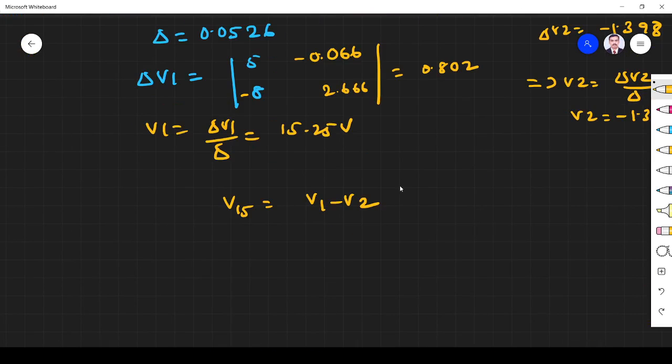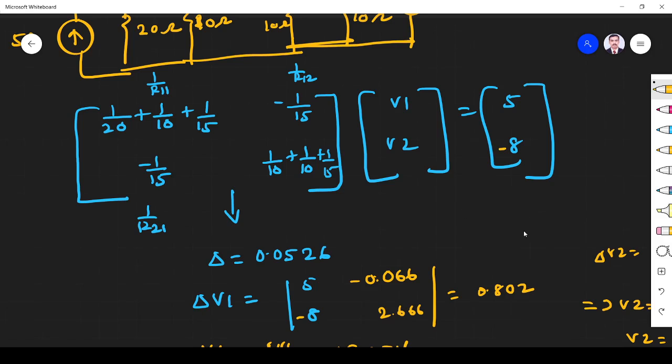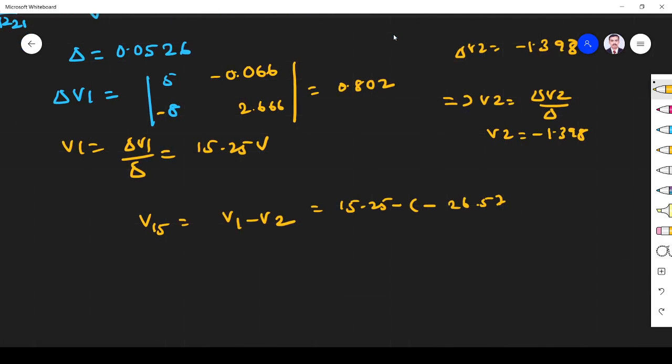V1 minus V2, V1 is 15.25 minus of minus 26.57, right? Okay. Sorry, it is not this value. It is minus 26.7. Del V2 is minus 1.38. V2 is minus 26.57. So V across 15 ohm is 15.25 minus 26.57.